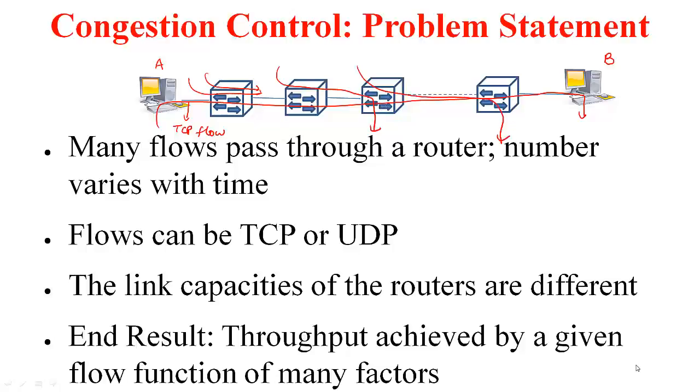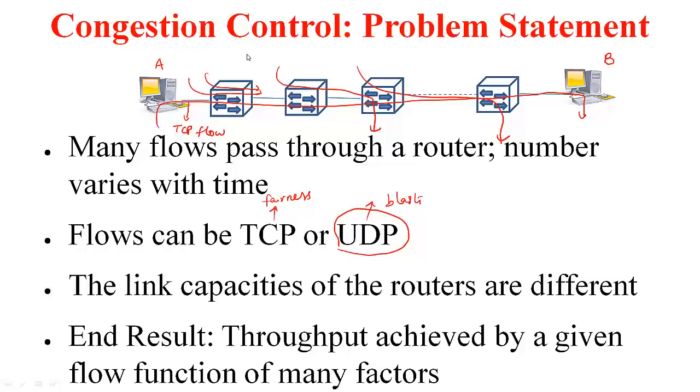Not only that, at any given router, the number of flows that pass through it is going to vary with time because flows end, new flows start, so on and so forth. Now these flows could be TCP or UDP. The difference is important because UDP doesn't do any congestion control. It just blasts away the data. Whereas TCP tries to ensure some amount of fairness. These issues will become clear later.